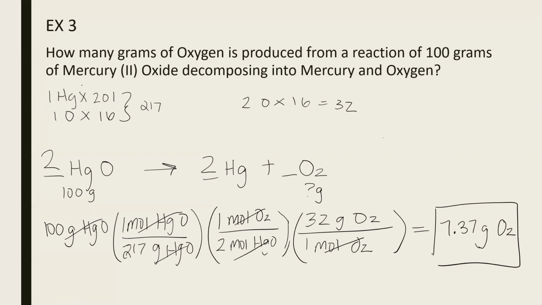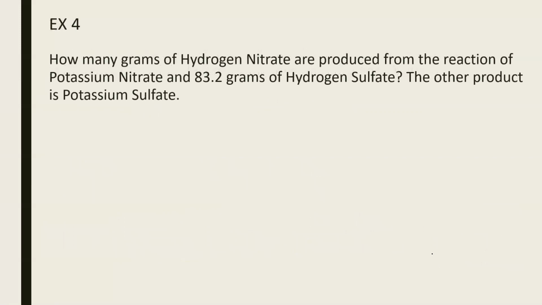All right, try another word problem. These are what you really need to understand. How many grams of hydrogen nitrate are produced from the reaction of potassium nitrate and 83.2 grams of hydrogen sulfate? The other product is potassium sulfate. So how many grams are produced?